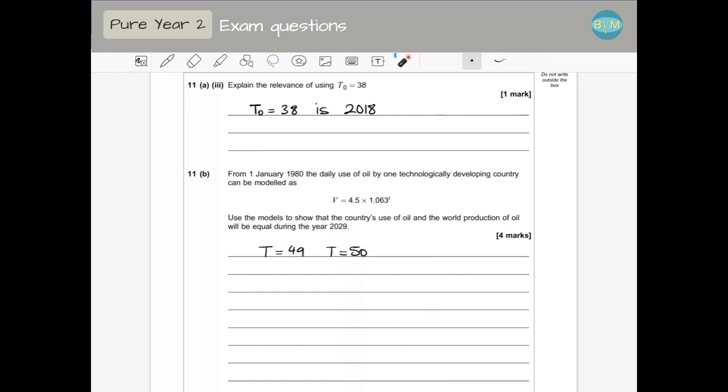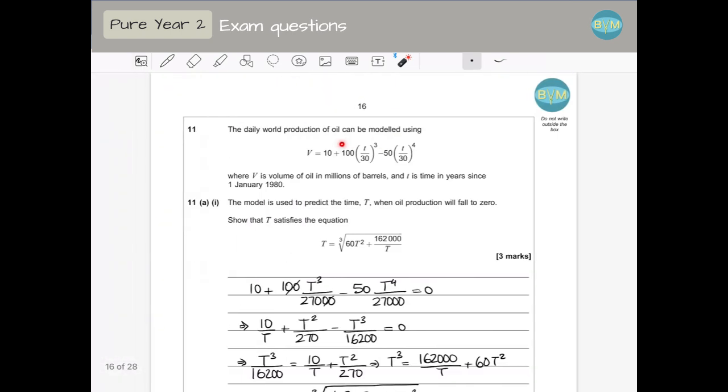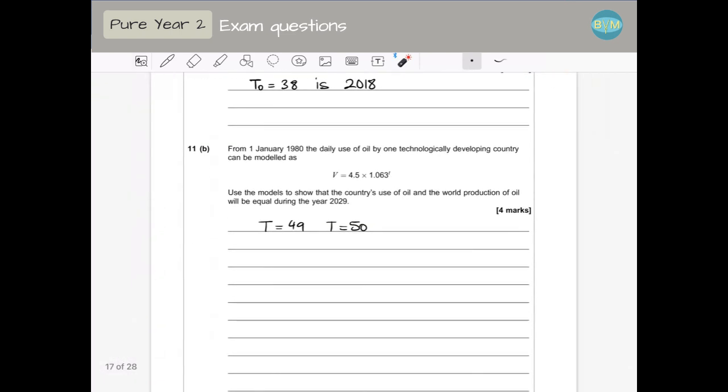So what we are going to check is whether the difference between this expression and this expression changes sign, because that will mean that we have a root, and the value of the difference will be 0. So the difference between the production and the use will be 0 when we have a change of sign between them.